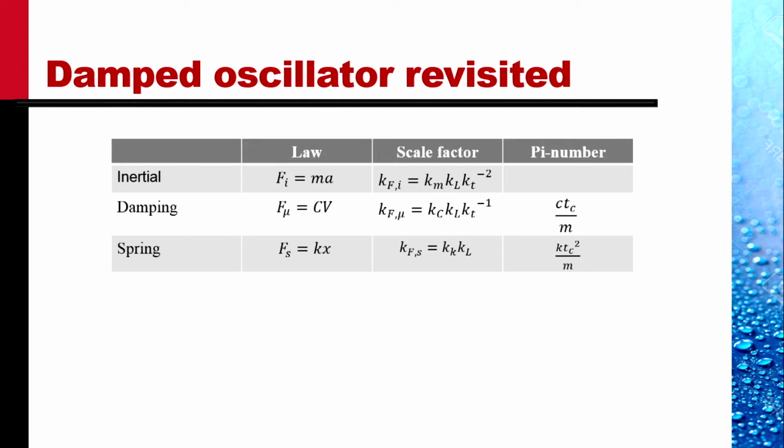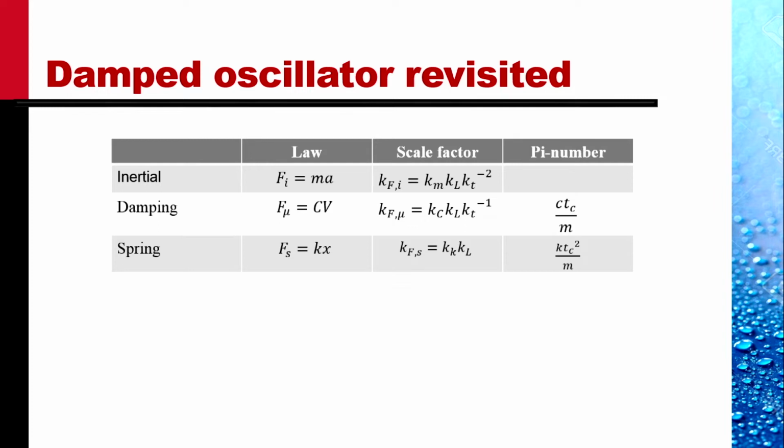In this example, there are three forces: the inertial forces, damping forces, and the spring forces. We write the law for each force. The inertial force is Ma, damping force is Cv, where C is the coefficient of damping, and spring force is Kx, where K is the spring constant.